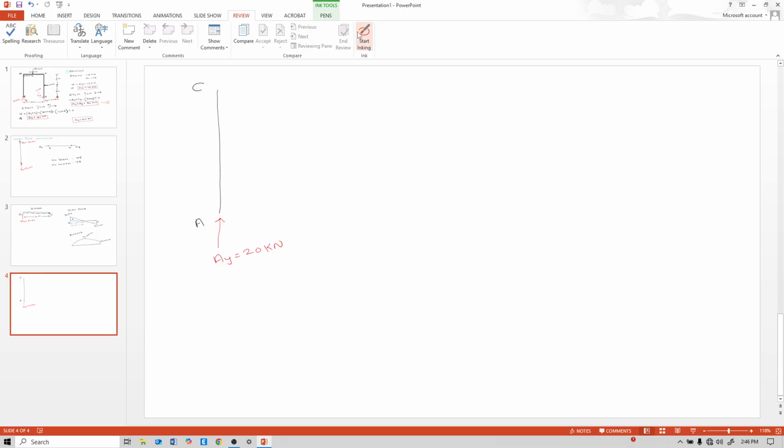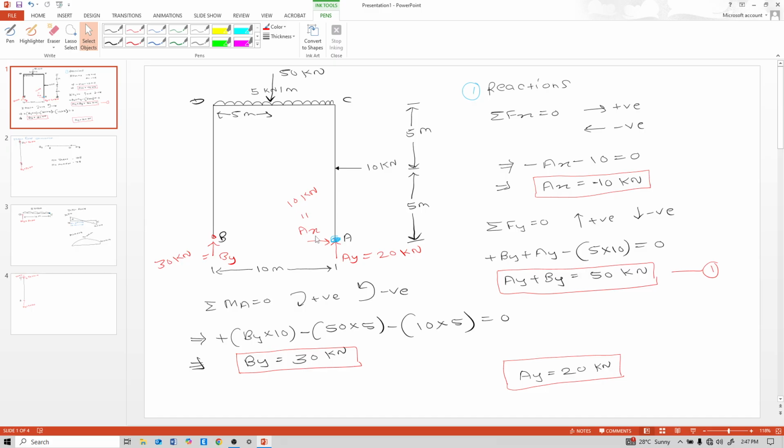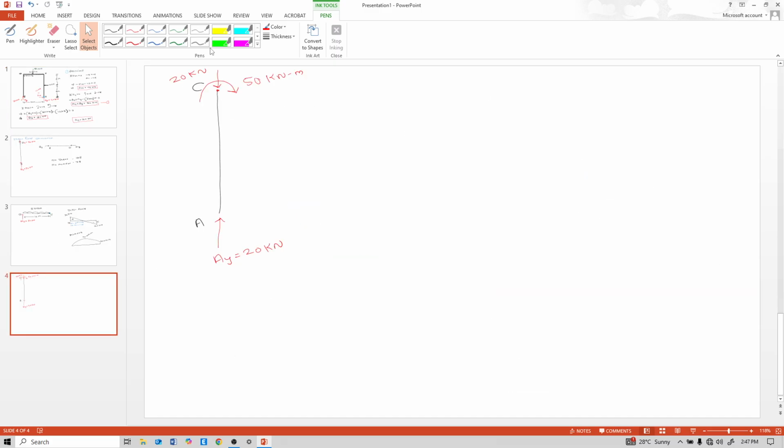So here also 50 kilonewton meter clockwise moment is generated. And due to this Ay, here this is a fixed point, so an opposite reaction of 20 kilonewton is generated. And here at C, Ax is 10 kilonewton.